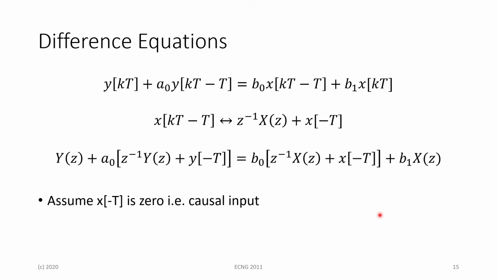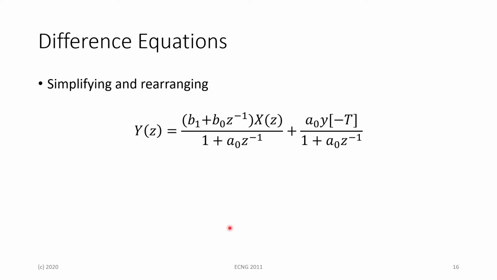If we assume that our x of kt signal was causal, that means for any instance of x being a negative value, that's going to be 0. The equation itself can be simplified and rearranged into a very familiar form that you saw when we were doing stability and the analysis of our first order differential equations.